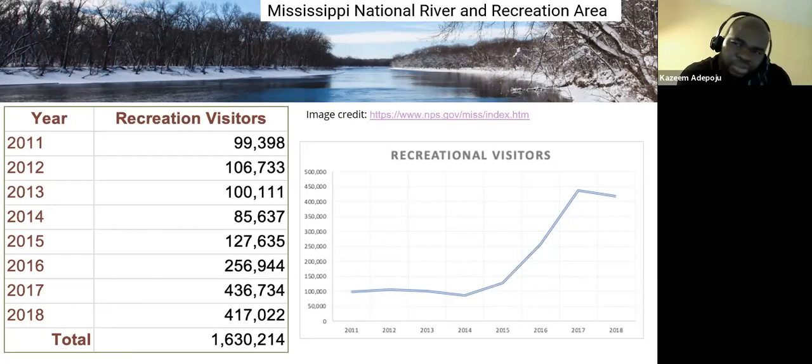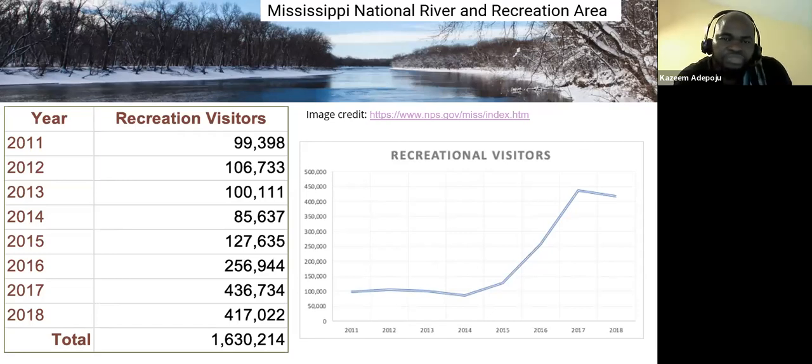A time plot is a diagrammatic plotting of the time series of a variable over time. You can see, starting from 2011 to 2018, we plotted the number of recreational visitors to the Mississippi National River.